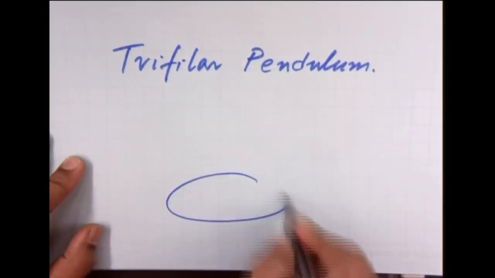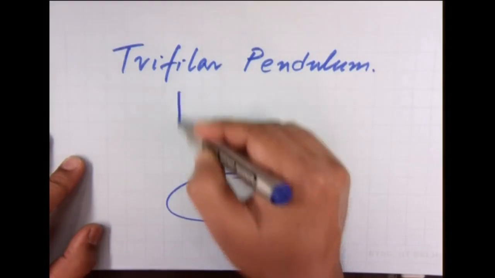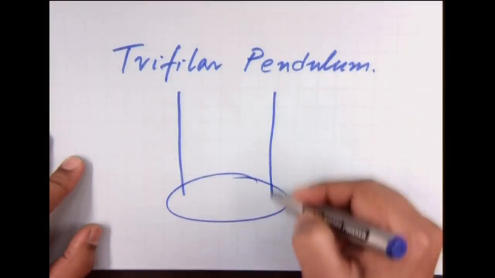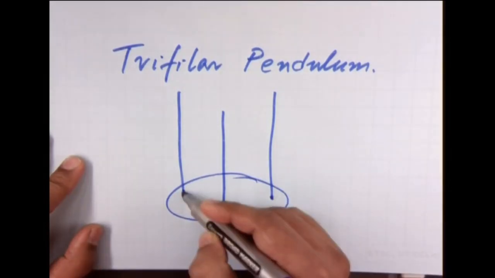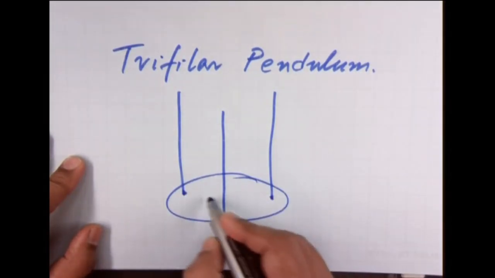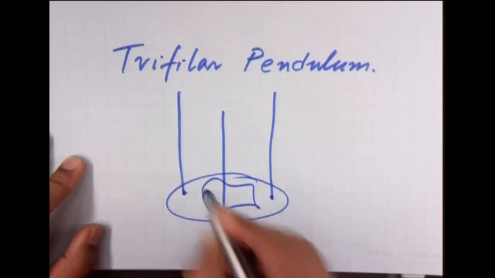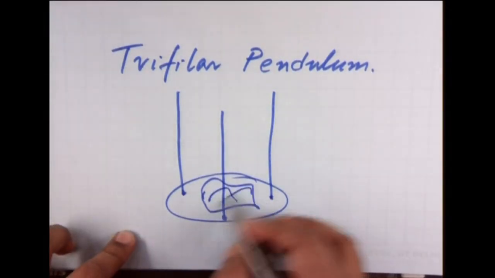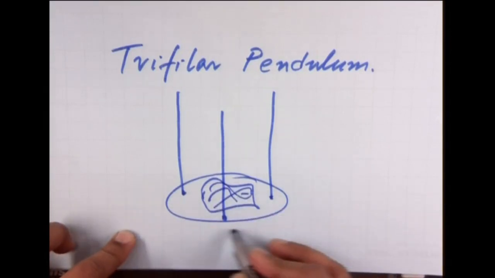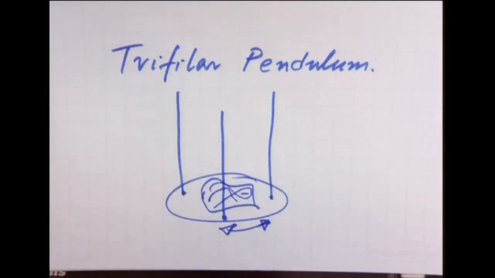You take a disc and you suspend it from 3 strings, and then you put the object in the middle, and then you set this into oscillation.